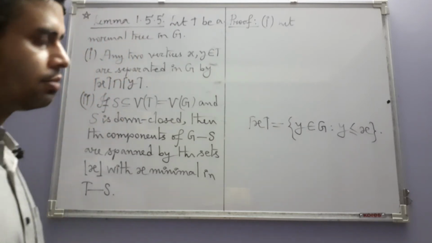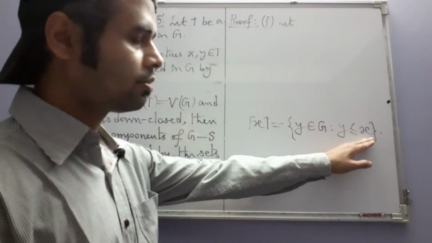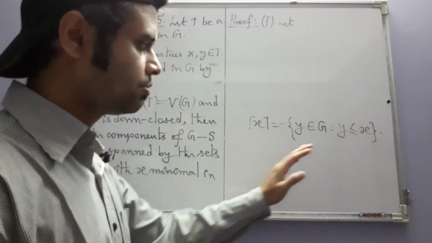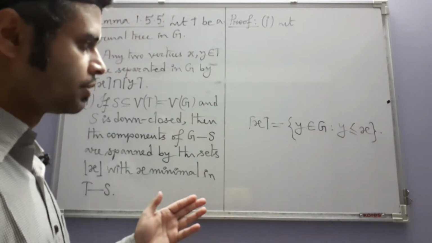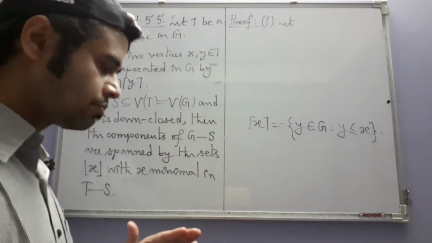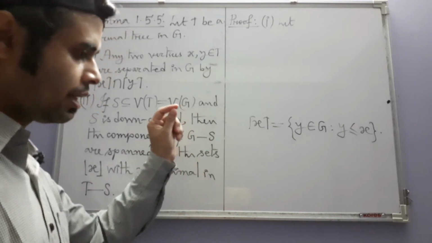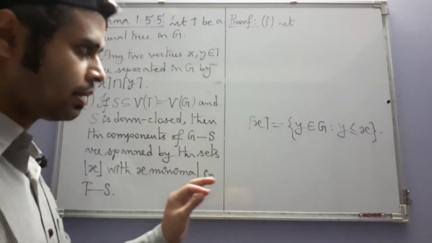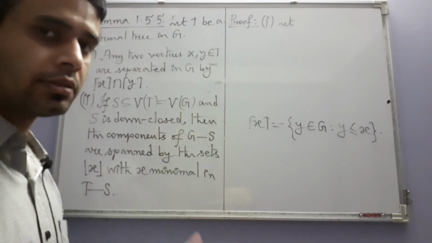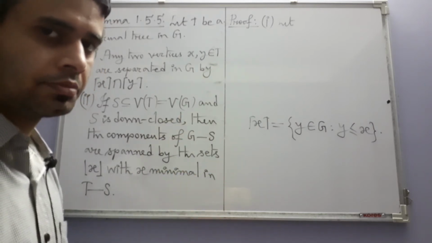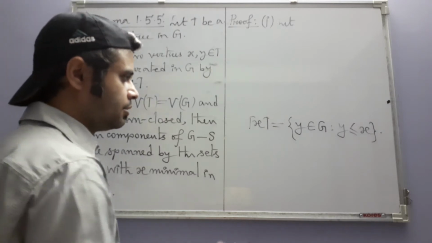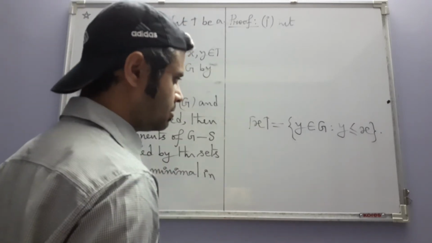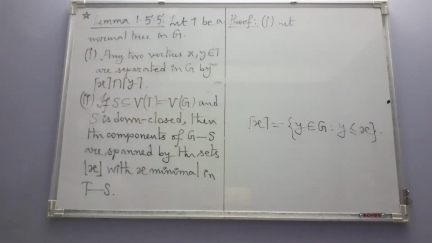In fact, if you think of it carefully, it will consist of those vertices that lie on the path joining x and the root. That's what this set is. So it is the down closure of x.